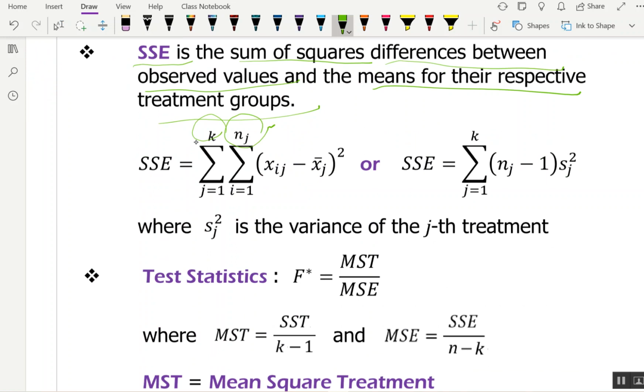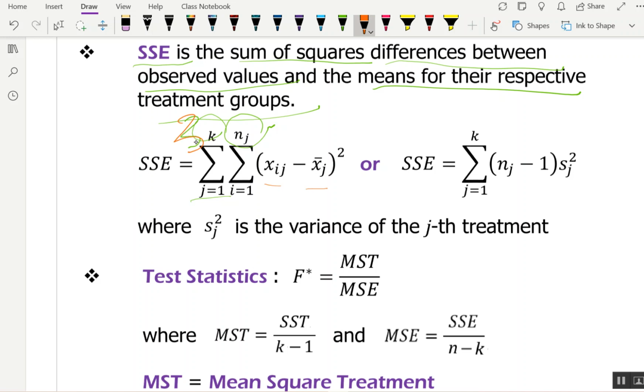Let's say group 1, so you're talking about that sample size, not the N. So if you have 3 groups, of course here it becomes 3, and you start with 1, and then you take the summation of nj. What is nj? nj is the sample size of the group that you are measuring.